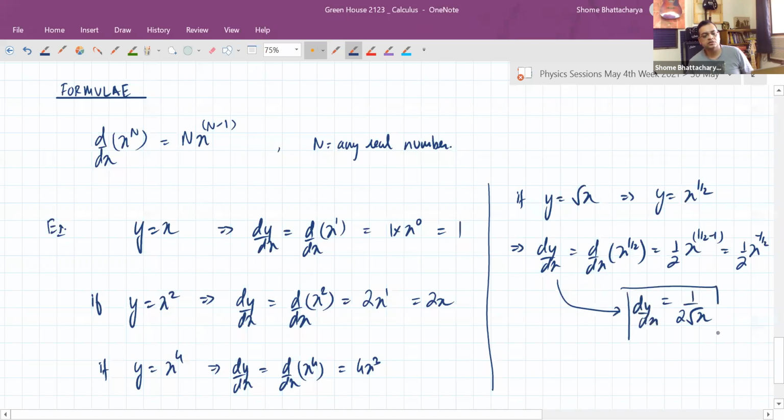So these are general examples of how we apply this particular formula, from a single linear term or quadratic or power 4 term to anything like this also.